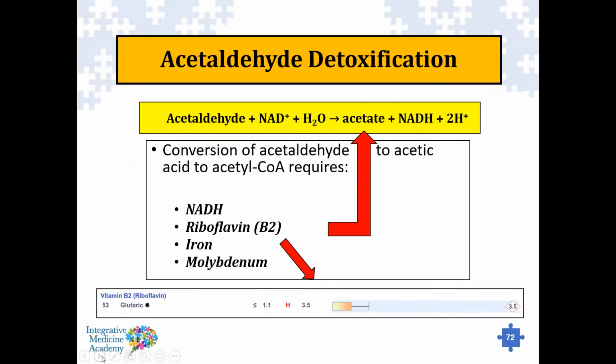So our body tries to get rid of acetaldehyde, and it does so through the interaction of various cofactors, one of those being riboflavin. So if you have a lot of yeast, there's a chance that your patient's going to be lacking in vitamin B2, as there seems to be an attempt to try to get rid of this buildup of acetaldehyde.